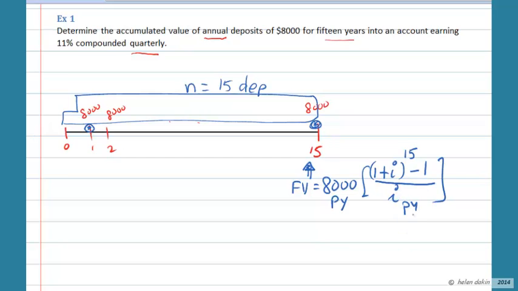Now that's very interesting, and you'll note that I used I per year in the annuity factor, and the reason why I did that is because we don't know the interest rate per year. What we have is an interest rate that is compounded quarterly. In fact, what we have is a rate of 11% compounded quarterly, and what we need to do is step aside and convert that to the equivalent annual rate so that it coincides with our annuity payments.